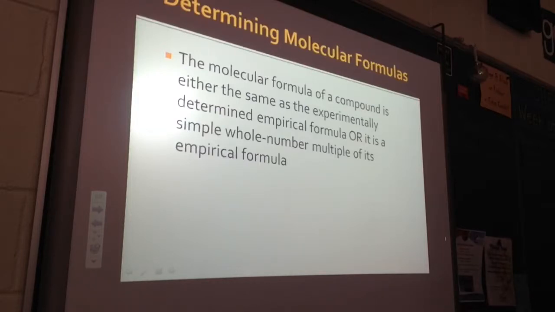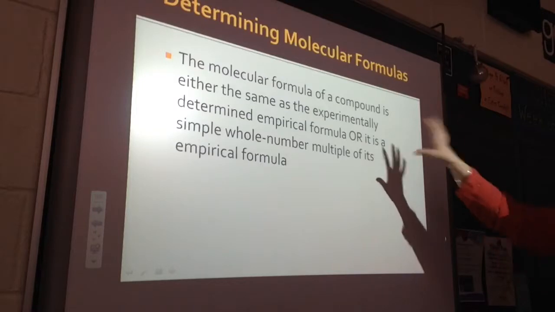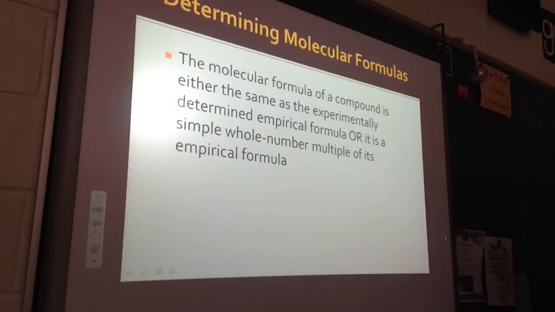That's the reduce part, correct? Whereas a molecular formula tells us exactly how many. If you remember, the molecular formula for glucose is C6H12O6. 6-12-6 is definitely not a reduced formula, correct? So it must be molecular, okay?